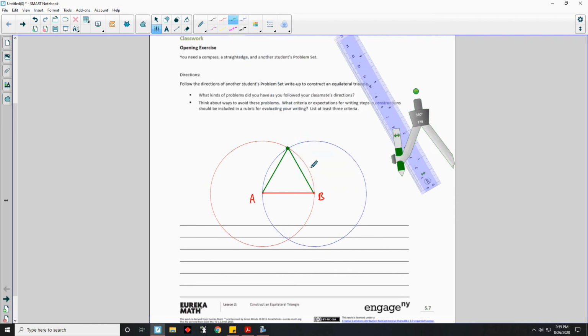And then if I hide or delete my circles now, I have an equilateral triangle. This was 45 millimeters. Therefore, this is 45 millimeters, and this is 45 millimeters.